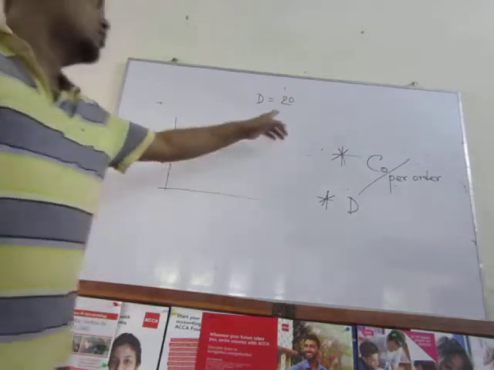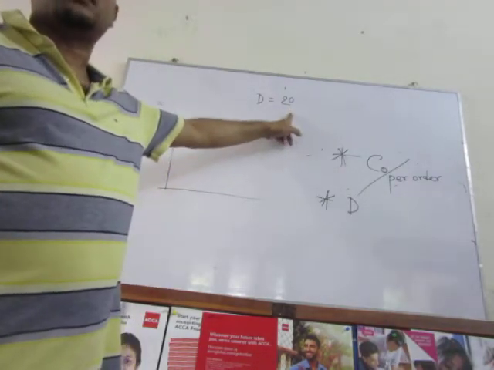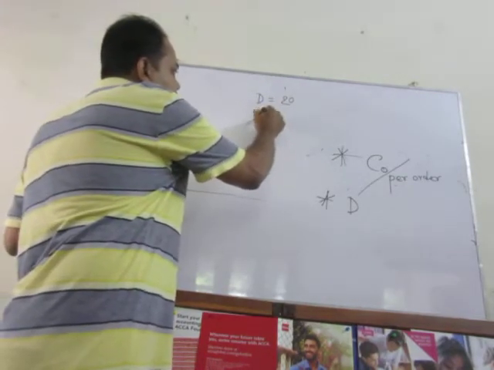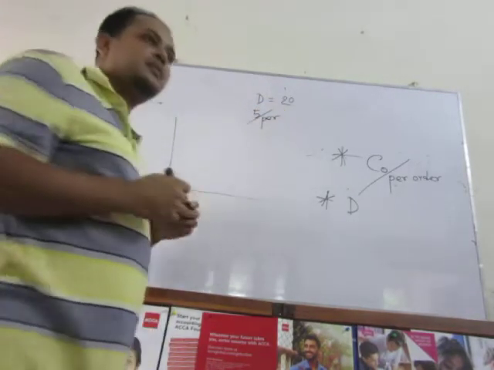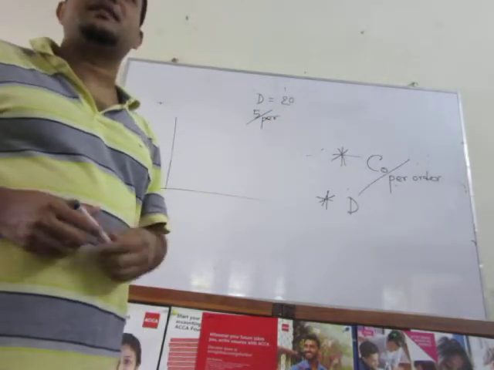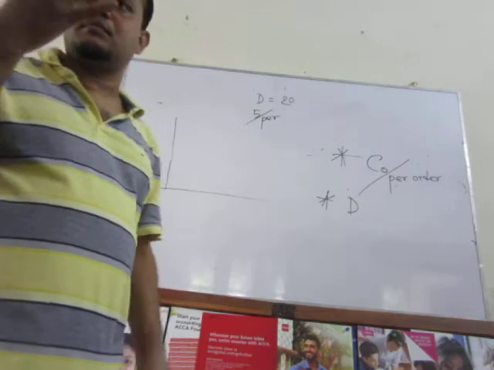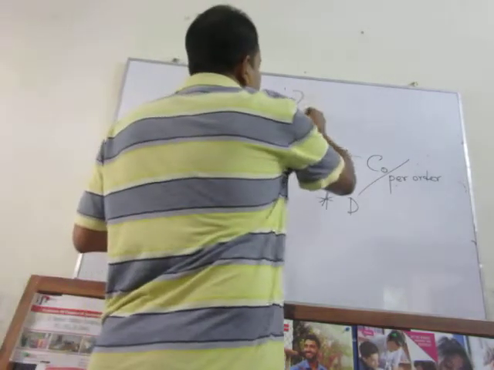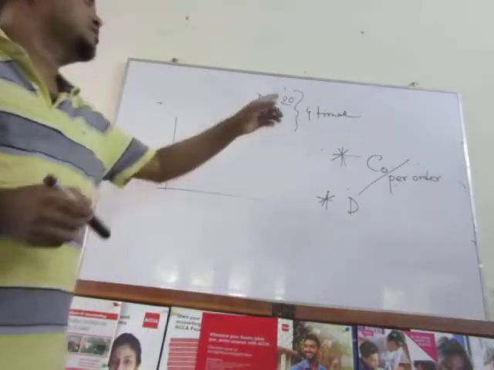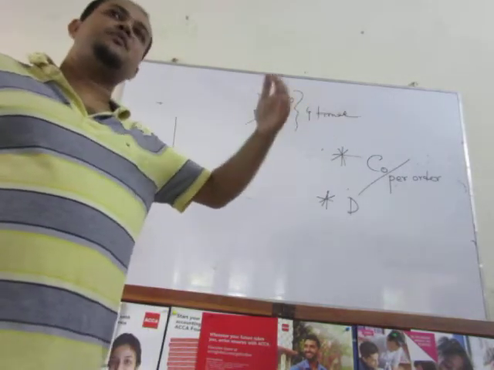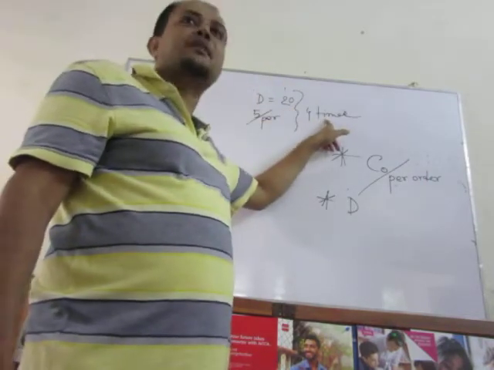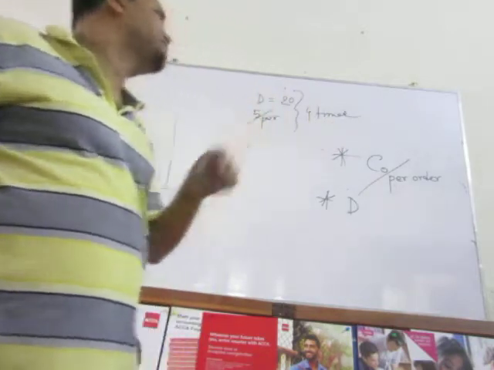Now suppose your demand is 20 metric tons. If you order 5 metric tons per order, then to have this 20 metric tons in the total year, each time you place an order for 5 metric tons, you have to place the order 4 times.